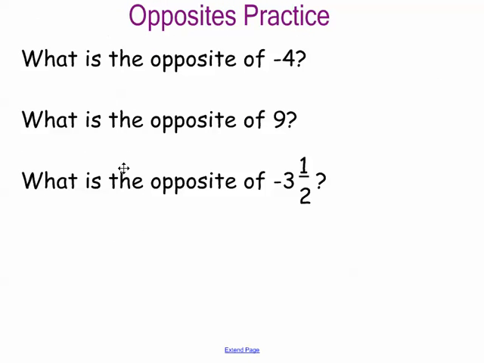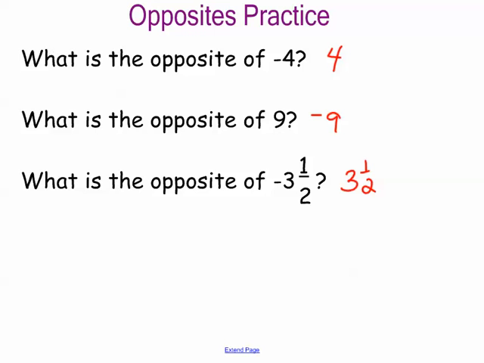But if I don't have the number line, you still should be able to tell me the opposite. So on your notes, I want you to tell me the opposite of each of these numbers. Pause the video, and come back and check your answer. All right, so the opposite of -4 is 4. The opposite of 9 is -9, and the opposite of -3.5 is just 3.5.